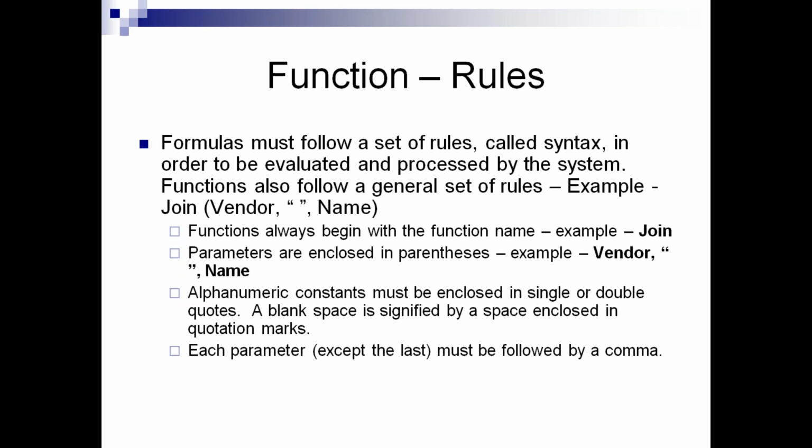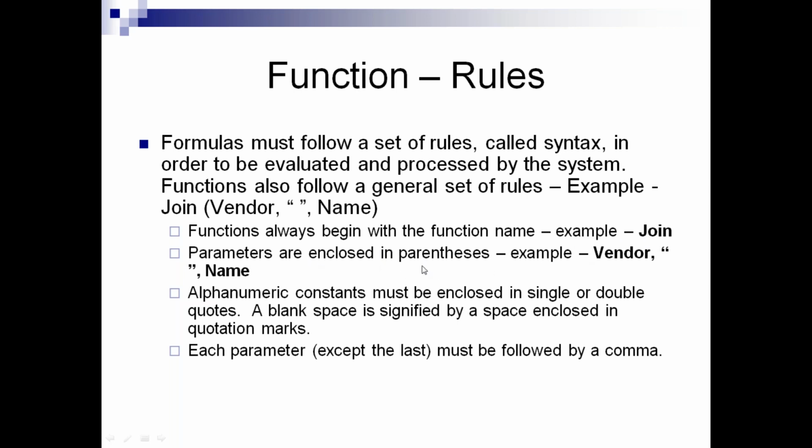So when you create your formula, you'll use that specific name to start a function within that formula. Okay, so the function always begins with the function name, whatever function it is that you're trying to do. The parameters of that, and I've got a typo in here.